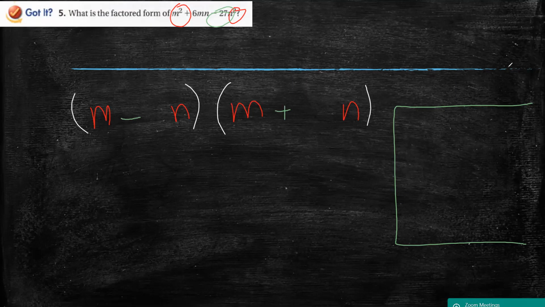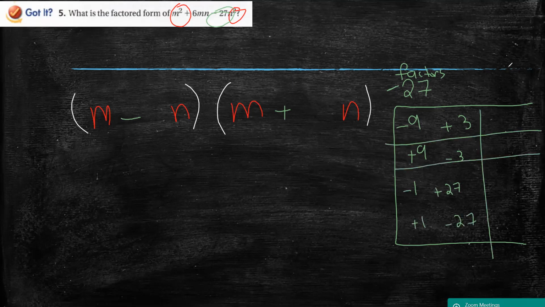Then I will write all the factors of 27. They are negative 9, positive 3; positive 9, negative 3; 1, 27; and negative 1, negative 27.